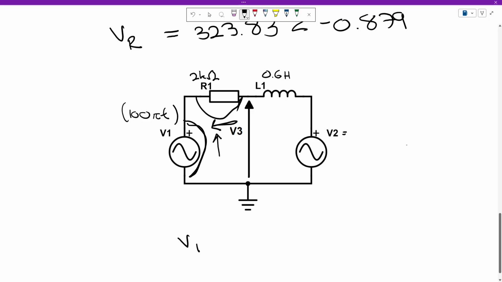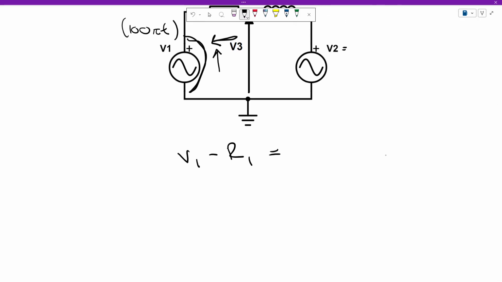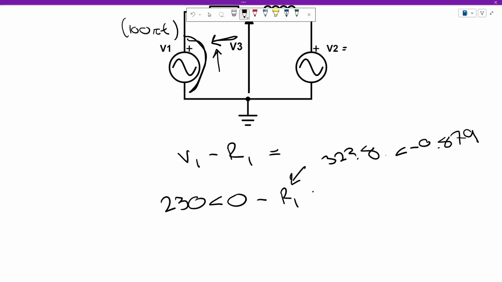So we actually do V1 minus R1, and then that will get us the total from here to here, which is V3. So we take our V1, which is 230 at an angle of 0, minus R1, which is 323.8 at an angle of minus 0.879.